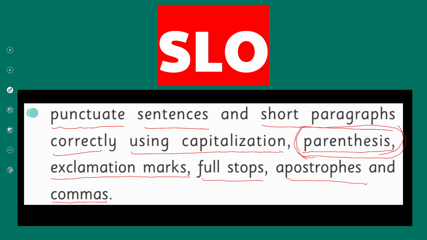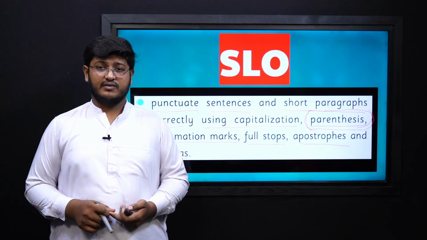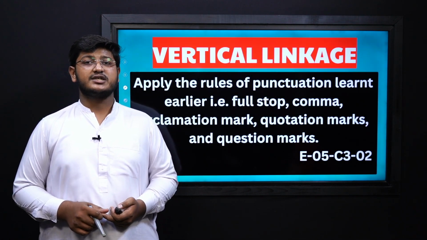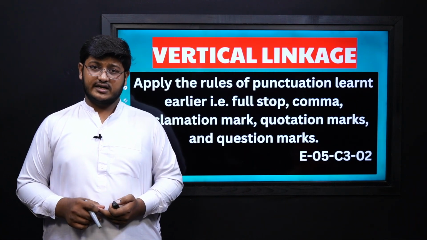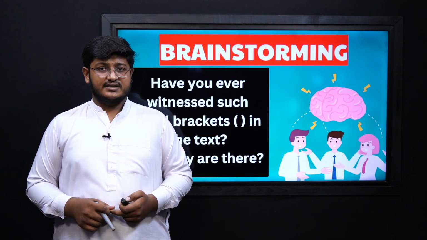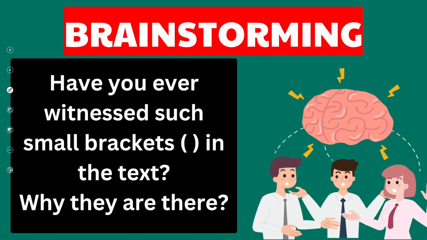So what is parenthesis? Before understanding the parenthesis, let's do a brainstorm activity. But before the brainstorming, here is the vertical linkage. Let's do the brainstorming activity. What is the brainstorming prompt? Let's read it and start thinking. Have you ever witnessed or noticed such small brackets in the text?